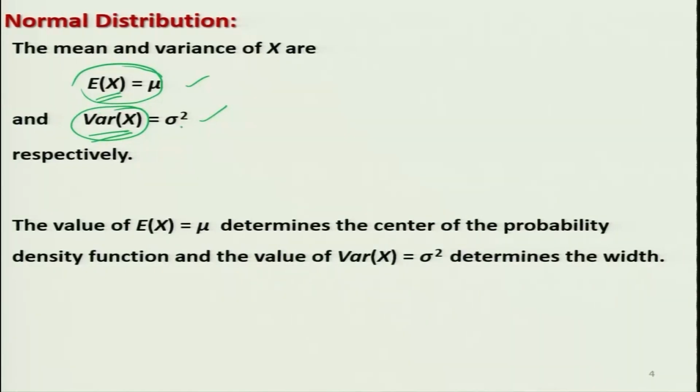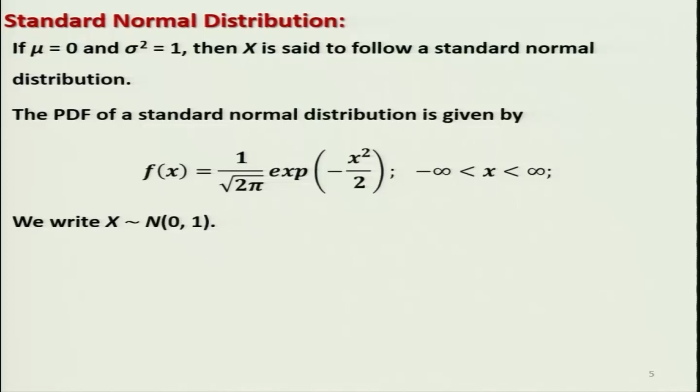So, this sigma square gives us the variability of the normally distributed random variable x. The expected value of x equal to mu determines the center of the probability density function, and the variance of x, sigma square, determines the width, as I will try to show you. But before that there is a very important result.